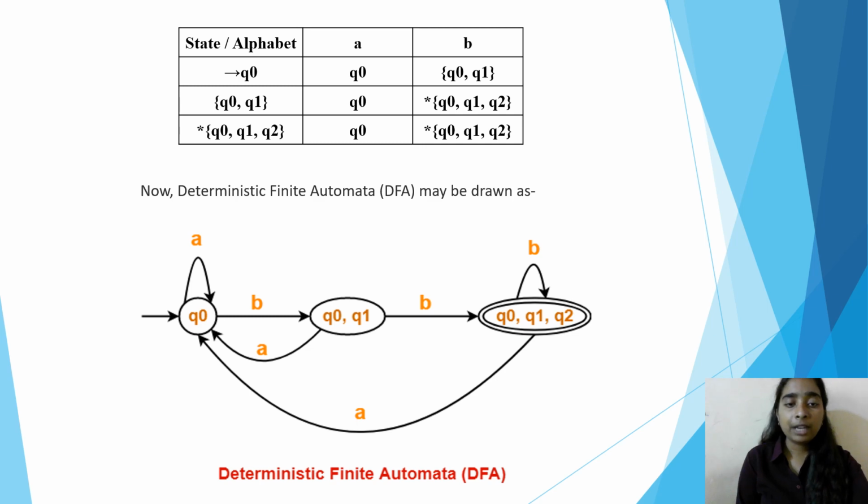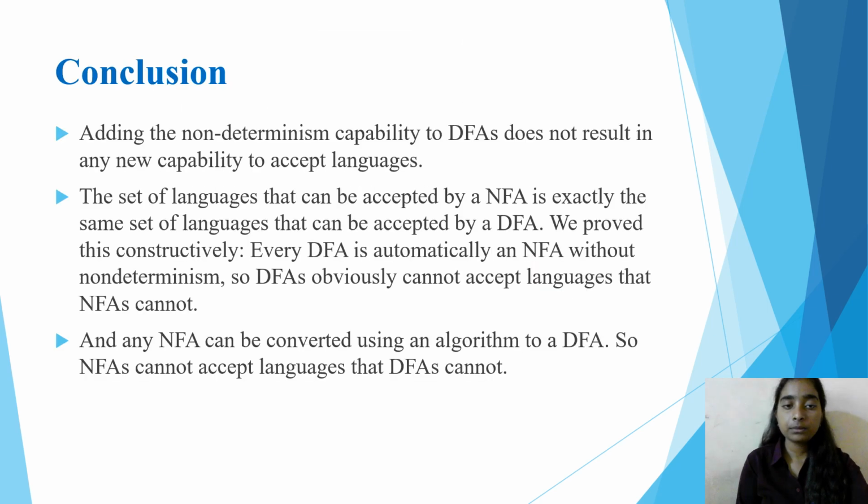And finally, considering Q0, Q1, Q2, on A it goes to Q0, and on B it goes to the same state. Therefore, in the presence of Q2, we made it a final state. This is the obtained final deterministic finite automaton.